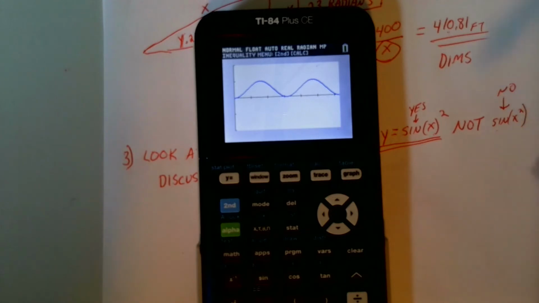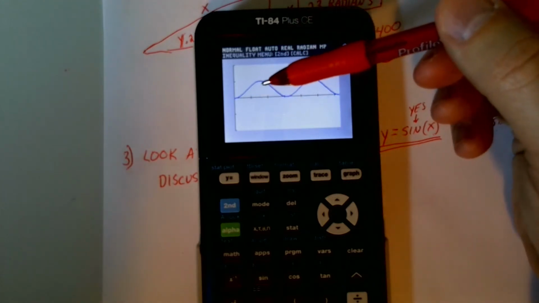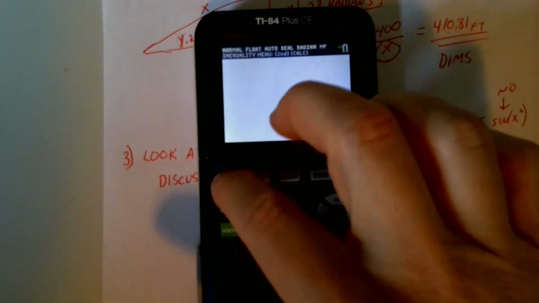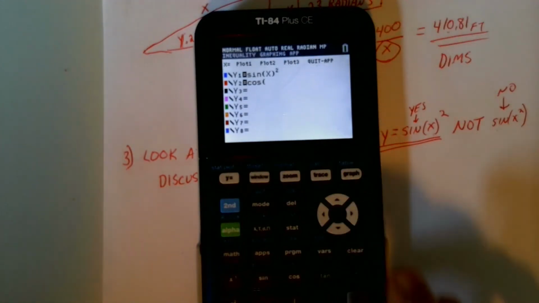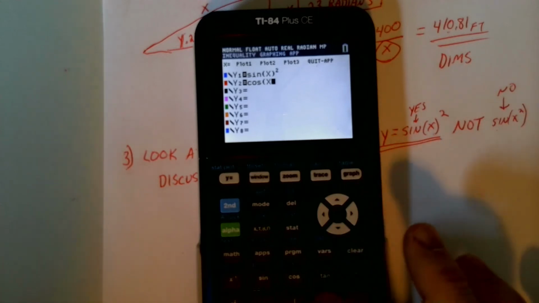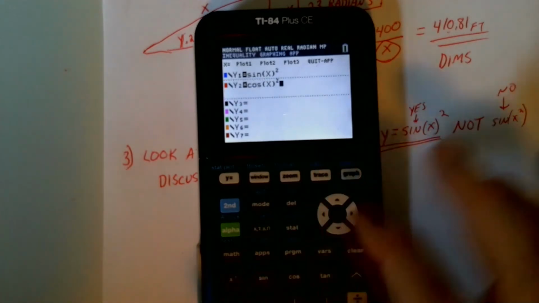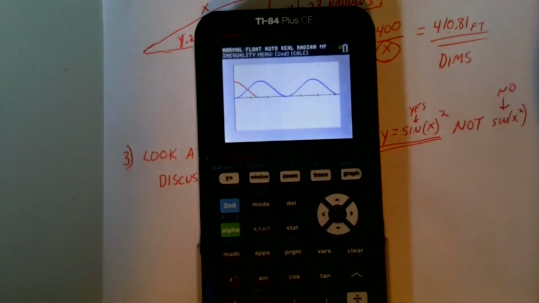So when I do a sine squared x, that entire function is directly above. So watch, when I do this one on the next line, cosine of x close parentheses squared, and you can see that they almost make like a DNA strand right there. Isn't that kind of nice?